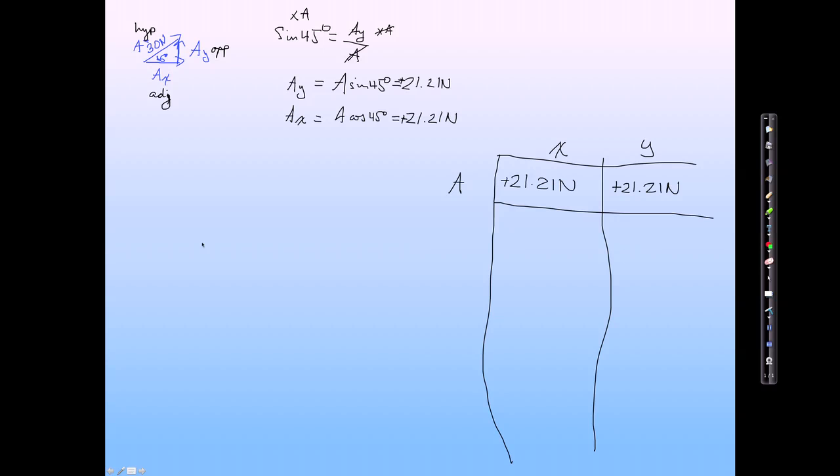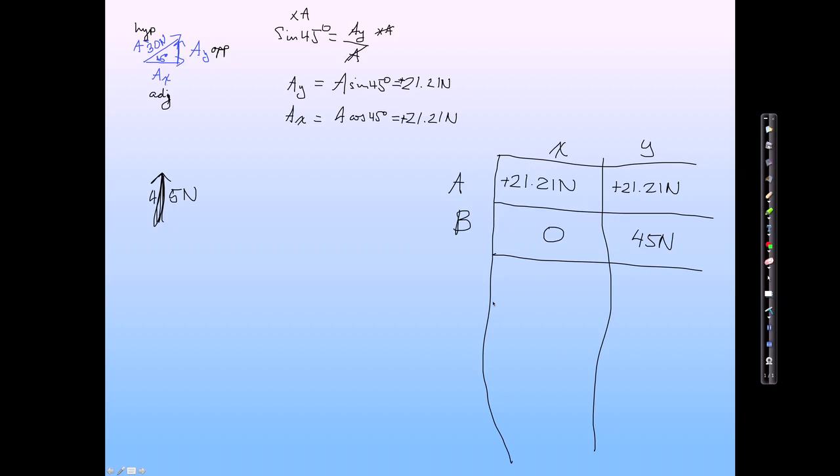For vector B, let's imagine that was straight up and down. Vector B, which is at 90 degrees, is 45 newtons. And so, because it's straight up and down, vector B will have no x component and a y component of 45 newtons.